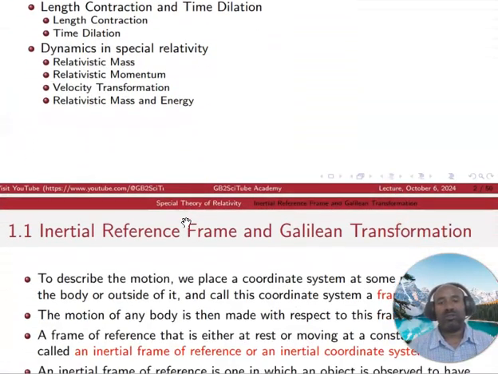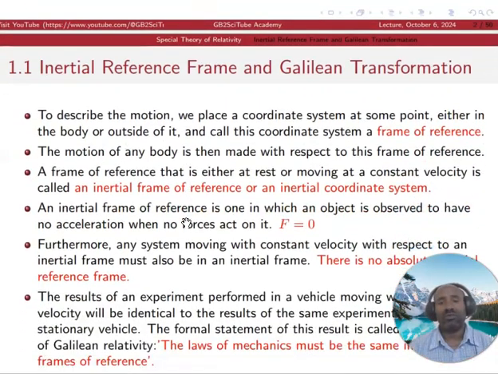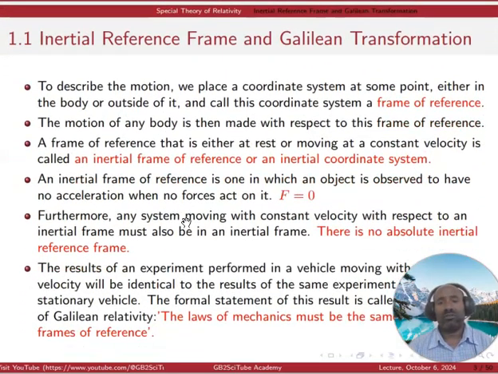So let's start. To start with, we will try to define what is meant by the inertial reference frame and the Galilean transformation. Normally, what is an inertial reference frame? To describe a certain motion, we place a coordinate system at some point, either on the object or outside the object.